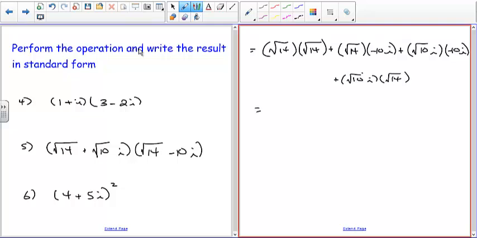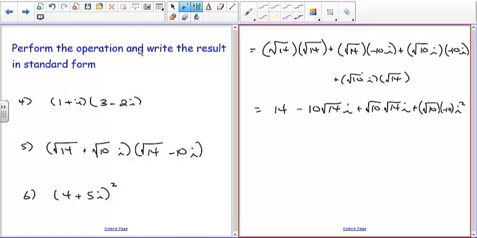Okay, now we'll figure it out. So the square root of 14 times the square root of 14 is 14. Next one, we get negative 10 times the square root of 14i. We'll do this last one next, plus the square root of 10 times the square root of 14i. And then we get plus the square root of 10 times negative 10 times i squared.